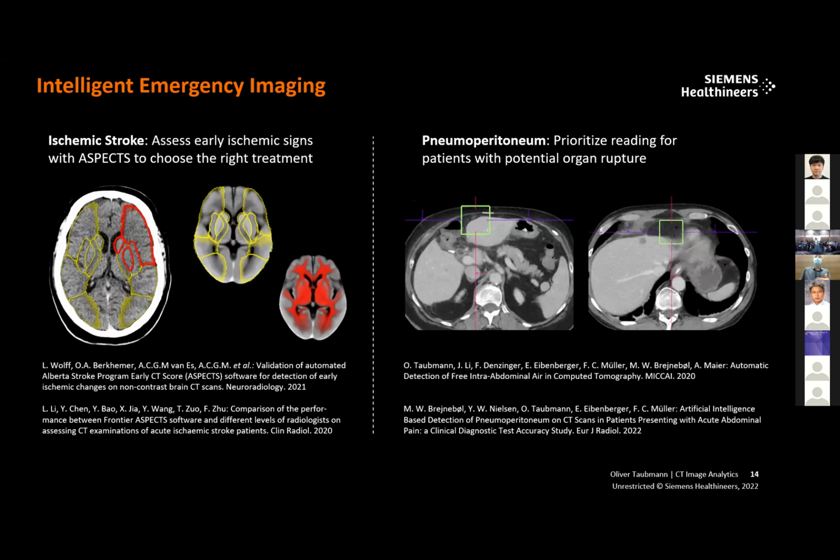And then the reading of such cases may be preempted by other more obviously urgent cases. In this case, again, if we had an automatic detection that runs before the radiologist gets around to reading them and could prioritize those cases in the reading work list, that may help patients to have that condition detected earlier.